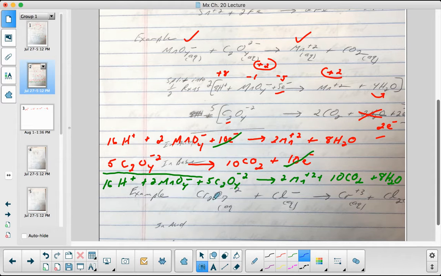And now if I check my charges, check everything according to charge, sorry, you're going to have to ignore my example right there. I'm going to see I have a positive 16 here. I have a negative 2 here. I have a positive 10 here. And then on the other side, all I have is positive 4, 2 times positive 2. No charges on either of those.